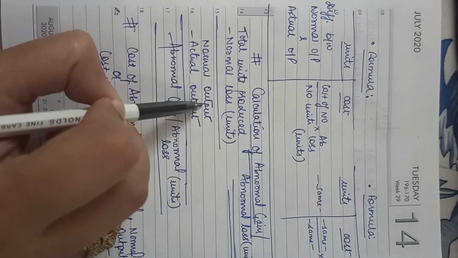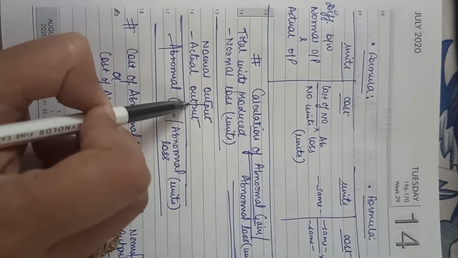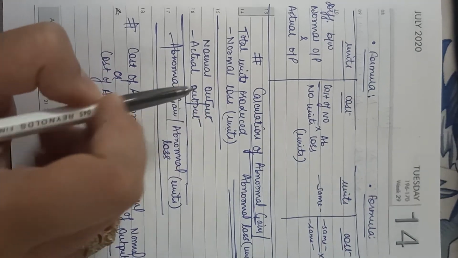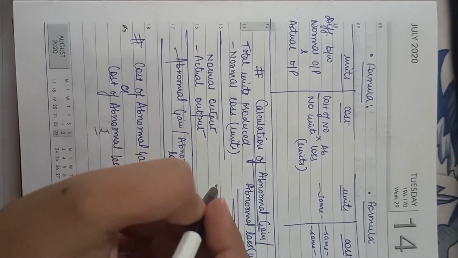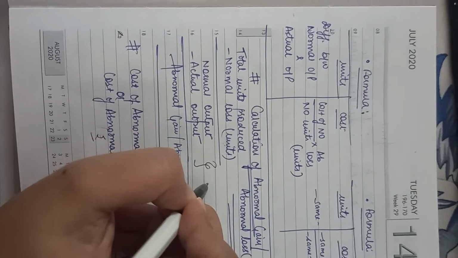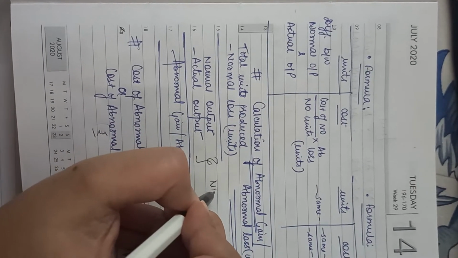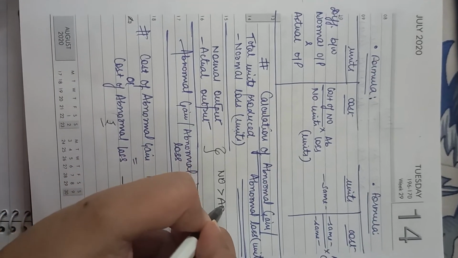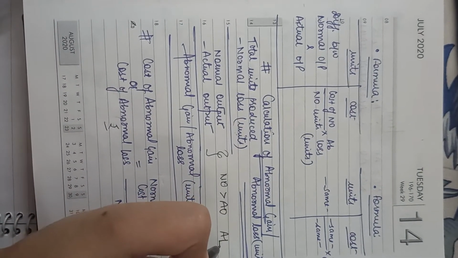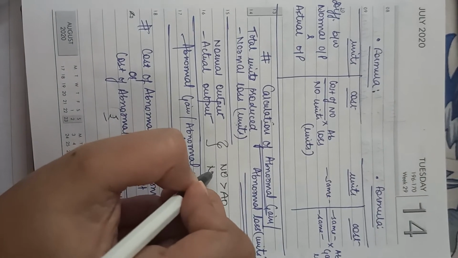This will give you normal output. You will compare it with the actual output and take out the difference, which will show you abnormal gain or abnormal loss. Now from this you will ascertain that if normal output is more than the actual output, then it is a case of abnormal loss.